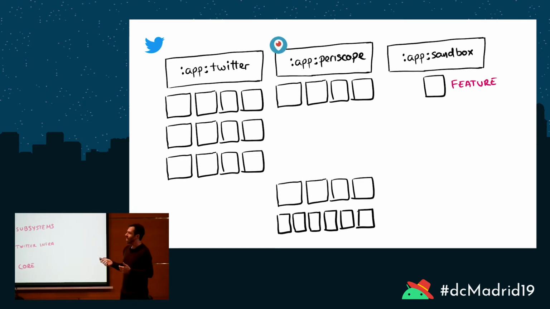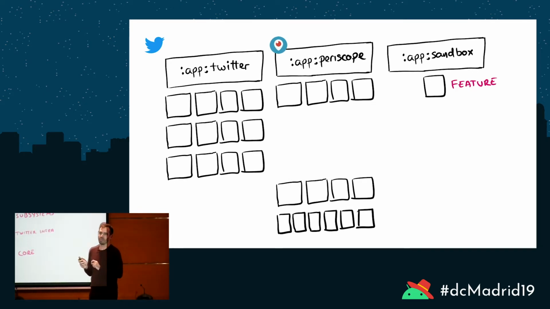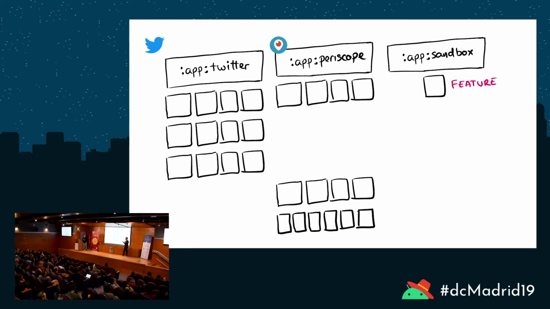And eventually, and I will admit that we are not quite there yet, we will get to a world where an application is broken down into individual modules, and each one of the features has its own separate modules.